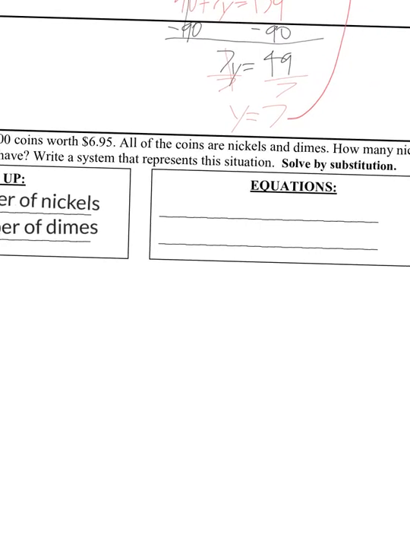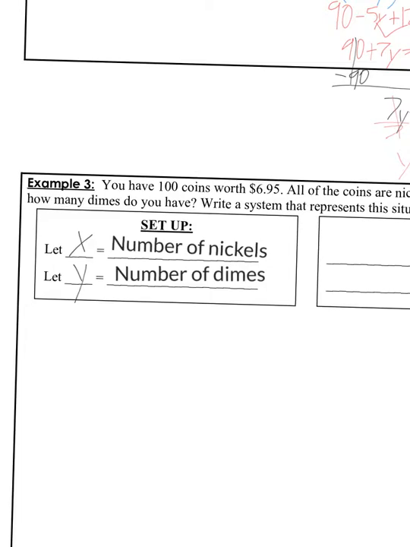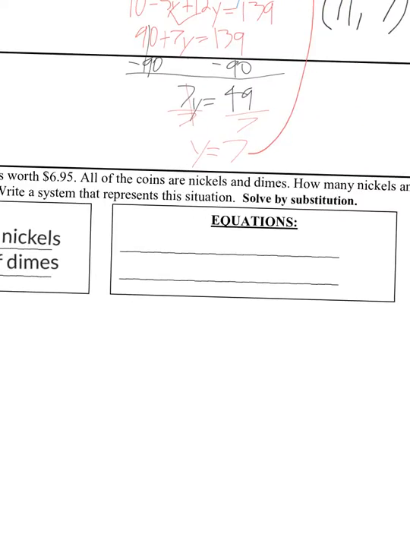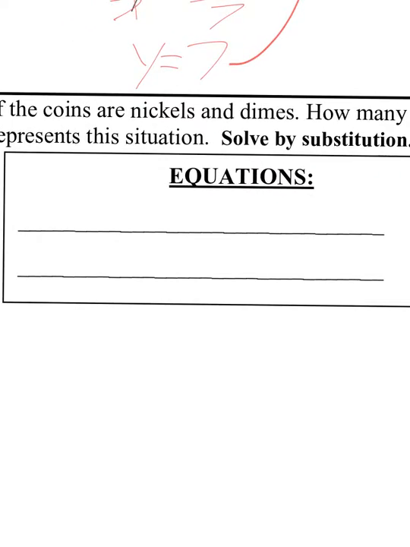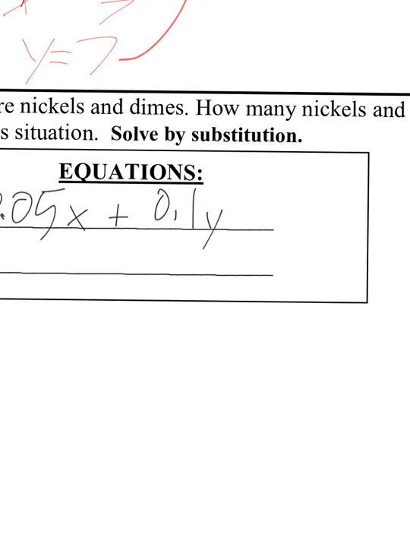So we got two equations, and we only have two numbers. You have 100 coins and $6.95 is the value. So how much is a nickel worth? A nickel is worth 5 cents. So I'm going to put 0.05x. A dime is worth 10 cents, so that's 0.10y. And then it's worth $6.95.